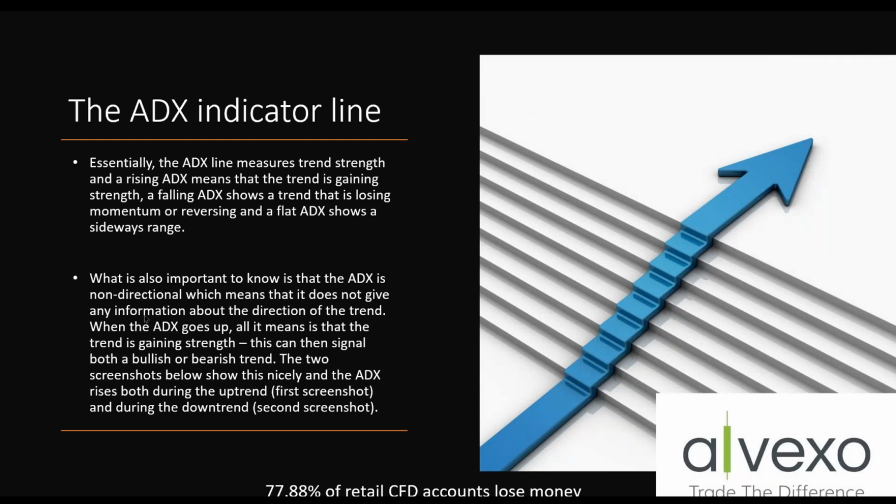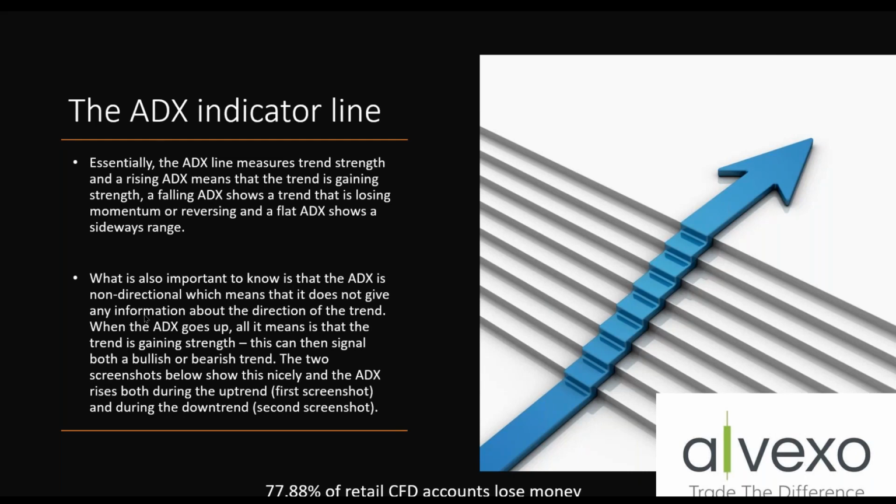So essentially, the ADX line measures trend strength, and a rising ADX means that the trend is gaining strength. A falling ADX shows the trend is losing momentum or reversing, and a flat ADX shows a sideways range.